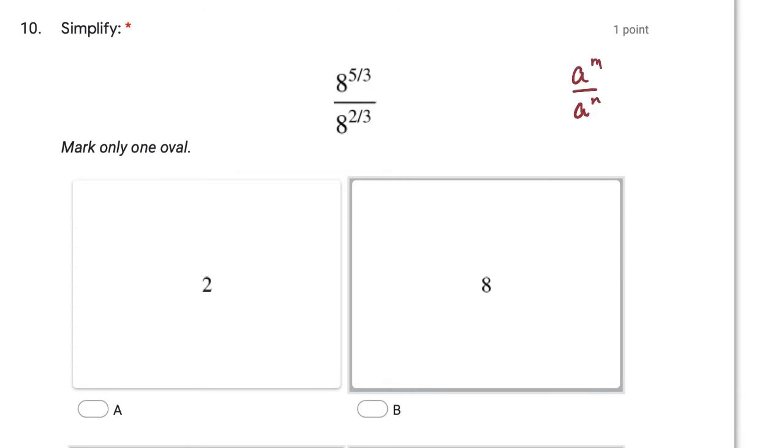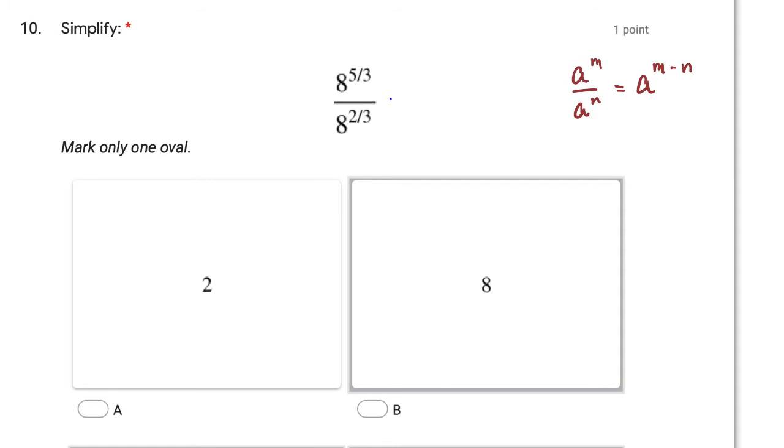When your bases are the same, both a's, ours are both 8s, to simplify the expression, the law says just keep that base, and it's to the m minus n power. So we just follow that rule. We keep our base, and then it's to the m, that's the numerator's exponent, minus n, the denominator's exponent.